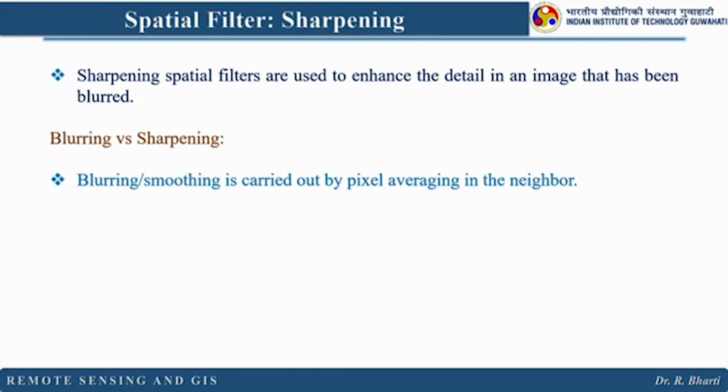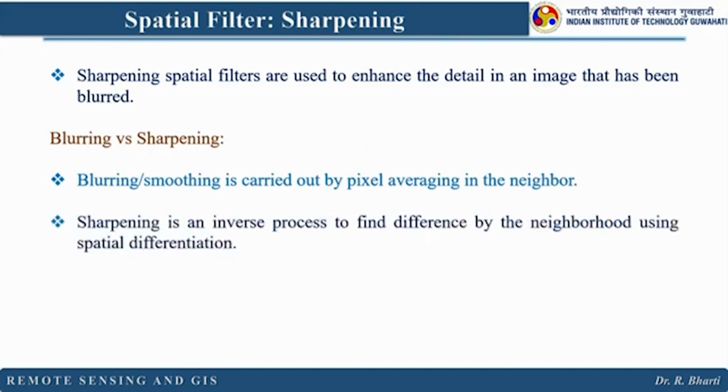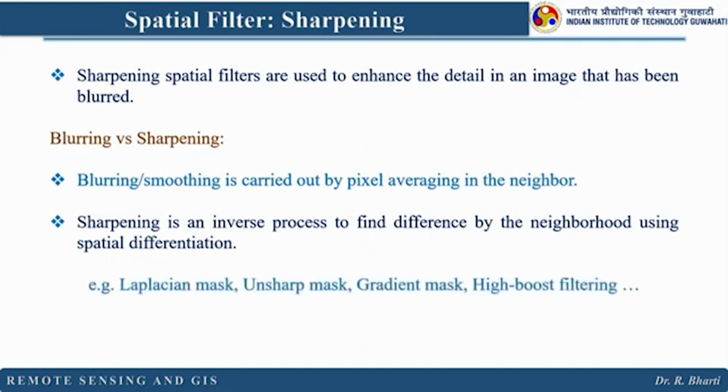Blurring or smoothing is carried out by pixel averaging in the neighborhood, which you have already seen in a few examples. Sharpening is an inverse process to find differences in the neighborhood using spatial differentiation, right? For example, Laplacian mask, unsharp mask, gradient mask, high boost filtering. We'll see all of them one by one, maybe not in this lecture, but in the next lecture we will cover everything.